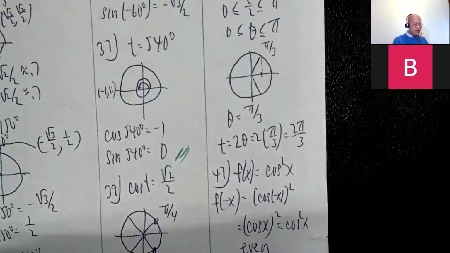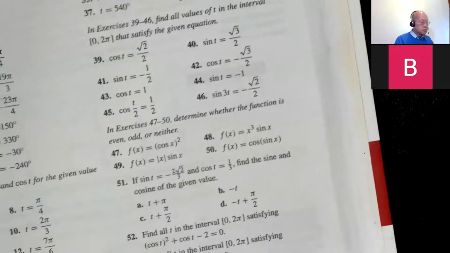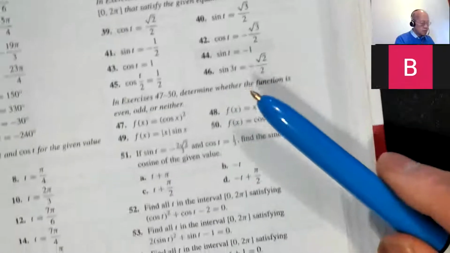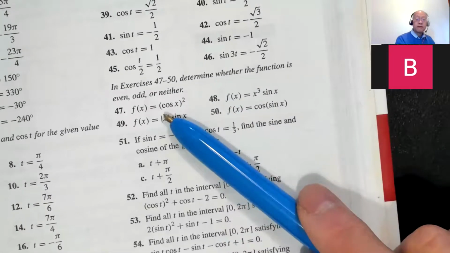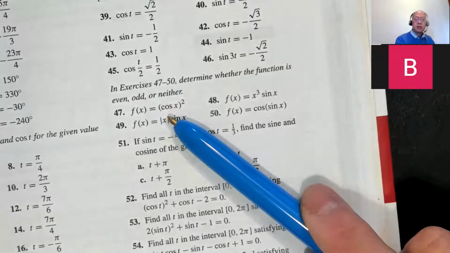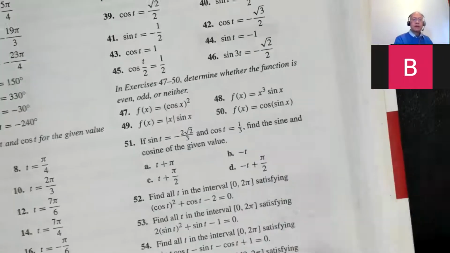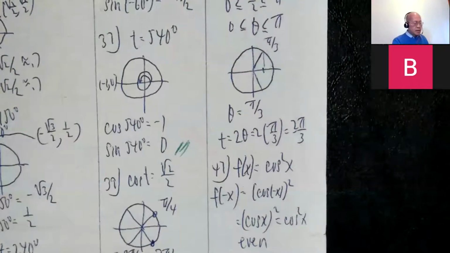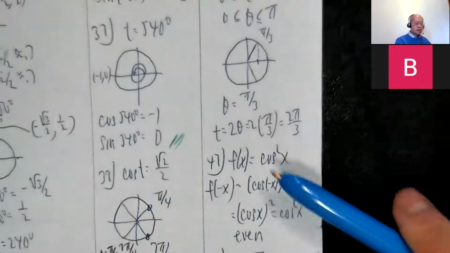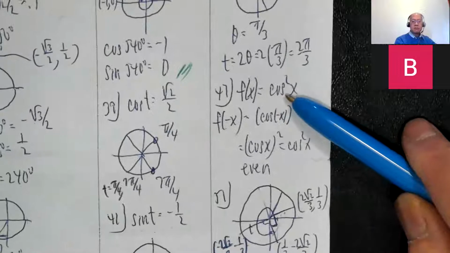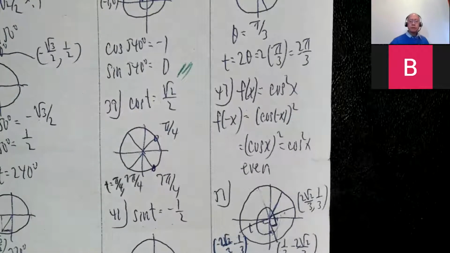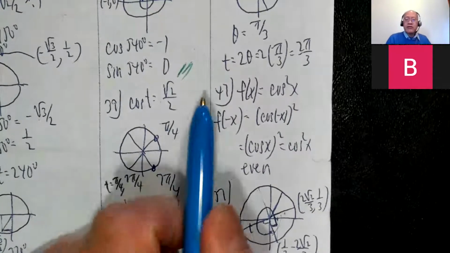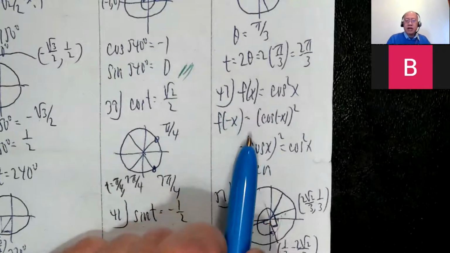And then we had something about even and odd function. Let's see. 47. Determine whether the function is even, odd, or neither. F of x equals cosine x squared. It's more commonly written as cosine squared of x. So remember, for even and odd function, I replace x with negative x.